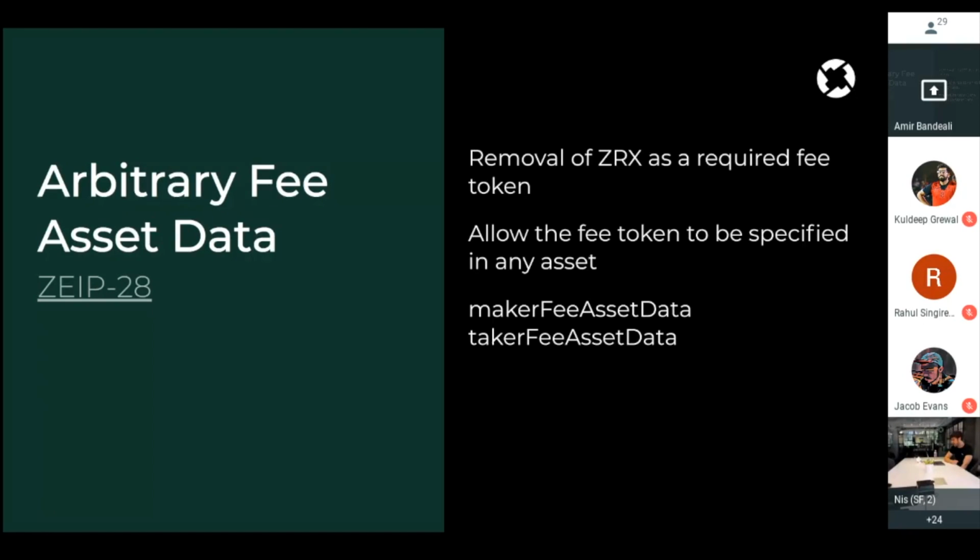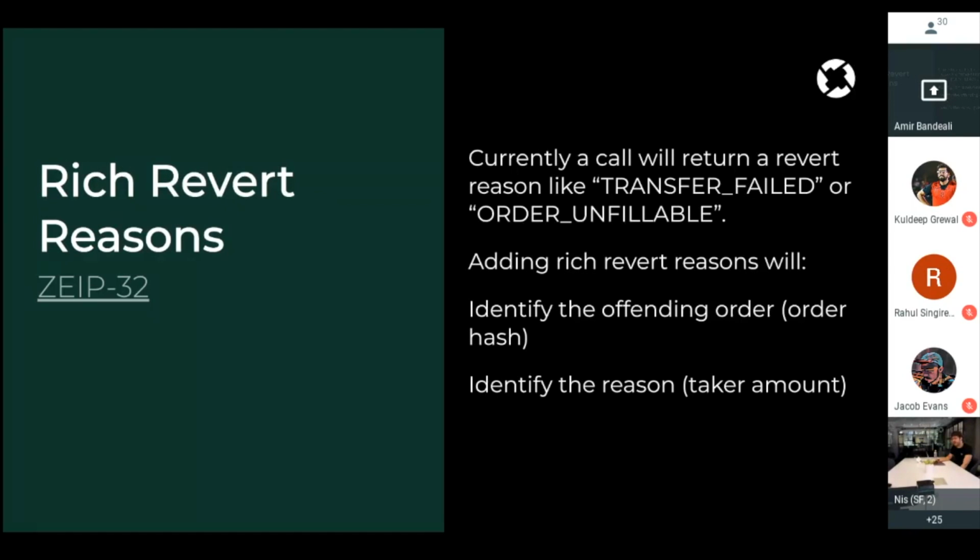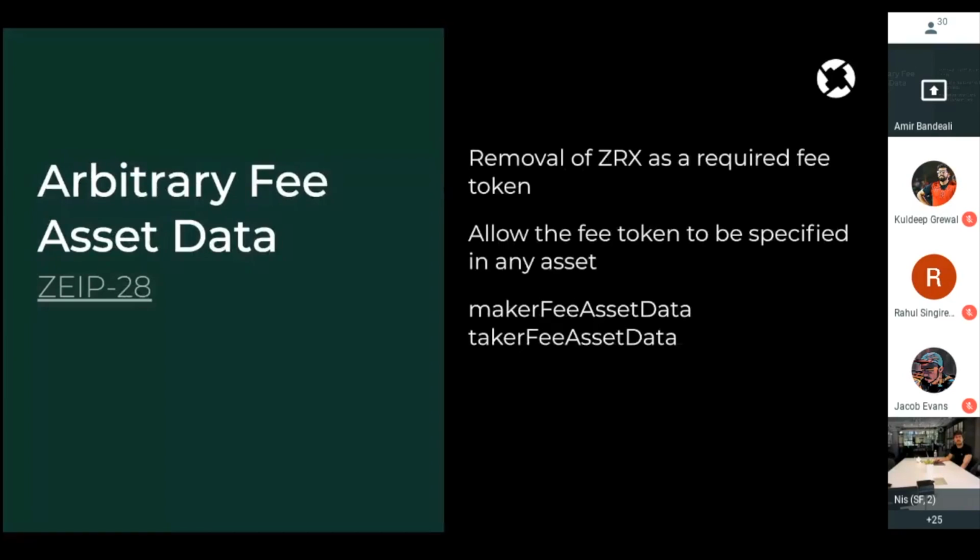And when you actually encode the orders, it's able to dedupe the redundant data and doesn't add very much gas overhead at all. Oh yeah, and for each of the ZIPs, I'll give a quick status update. So number 28 is in the process of being implemented right now.